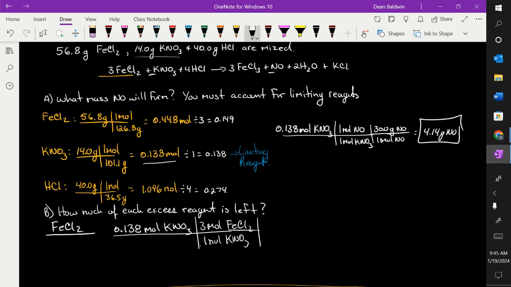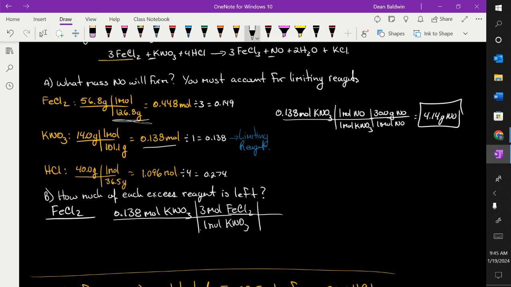They want to know the mass that is used. So then you just use the molar mass of iron chloride, which is, we calculated up here, 126.8. So we go 126.8 grams for every mole of iron chloride means we get 52.5 grams used. That's how many grams of the iron chloride gets used up to react with all of the potassium nitrate.